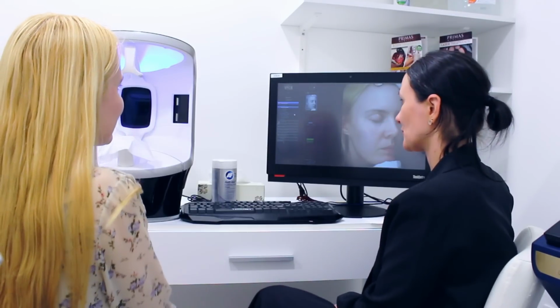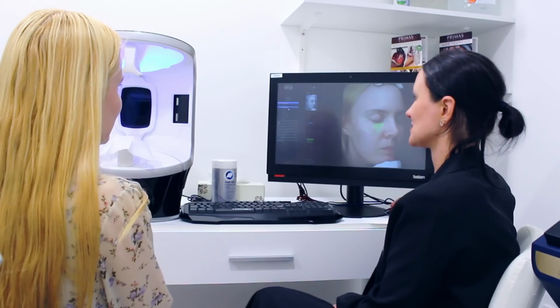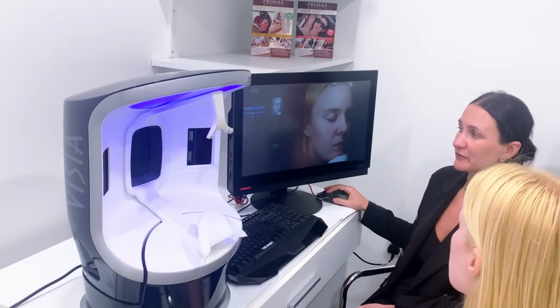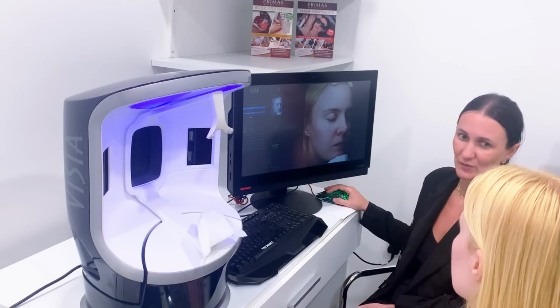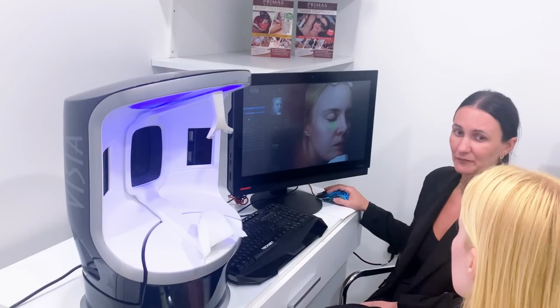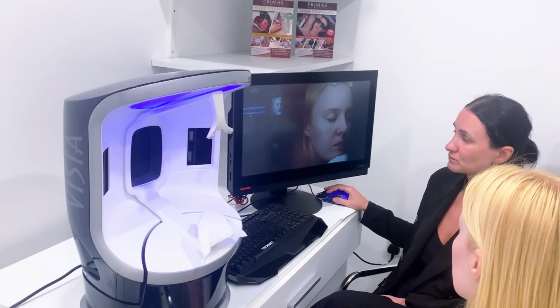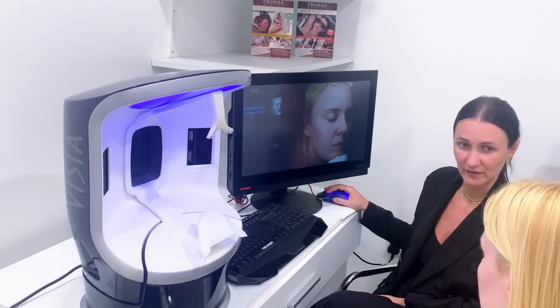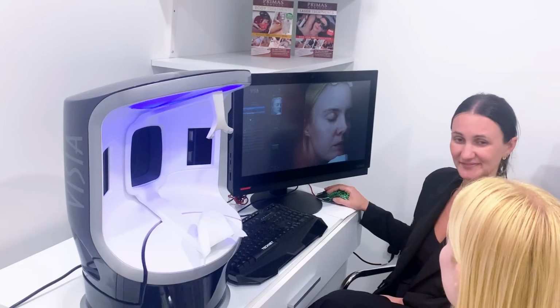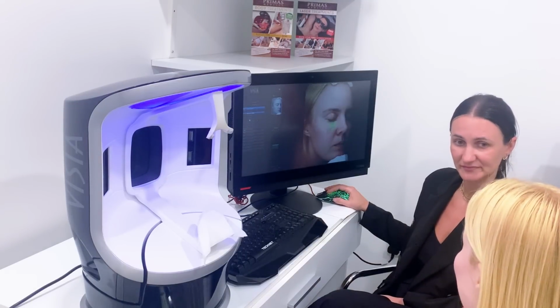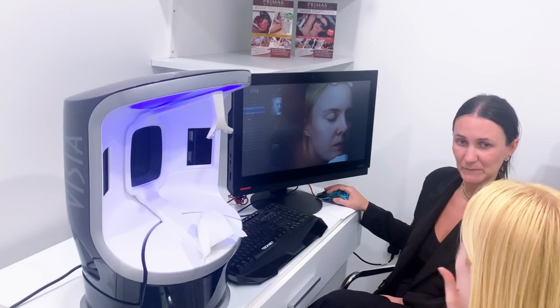But also what's important is, of course, internal intake of water. However, your products, your active ingredients, the treatments you do as well, you have to support the skin externally, of course, as well. Tell me, are you using any products at the moment around the eye area? Not really around my eyes. I do moisturize the rest of my face, but I don't necessarily put it around my eyes.